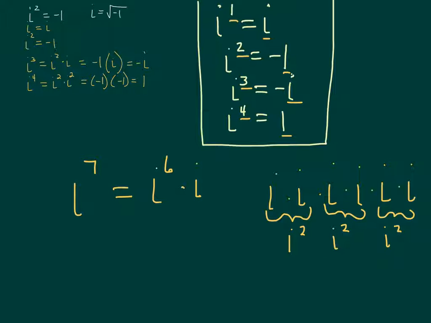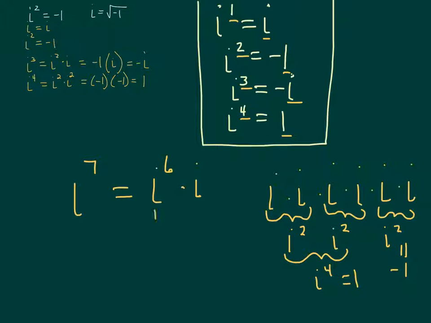Now this is just i to the 4th, which we know equals 1. Then we still have an i squared, and i squared equals negative 1. So we have i to the 4th, which is 1, times i squared, which is negative 1.